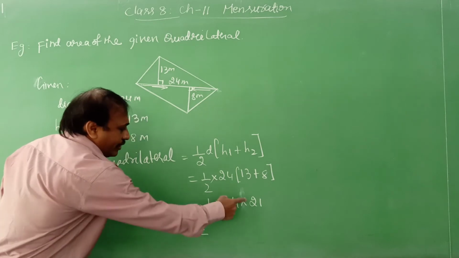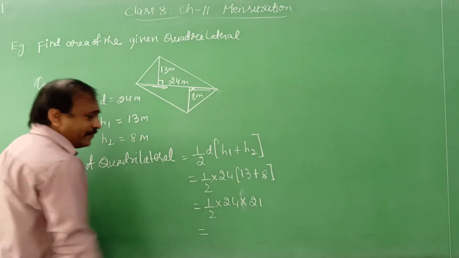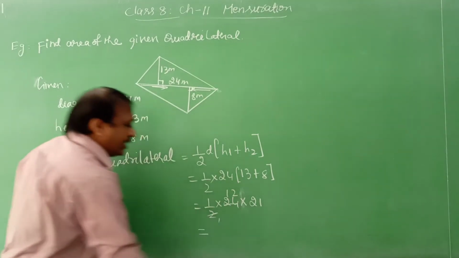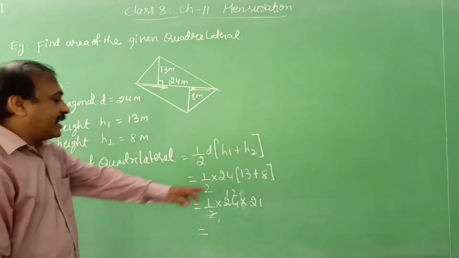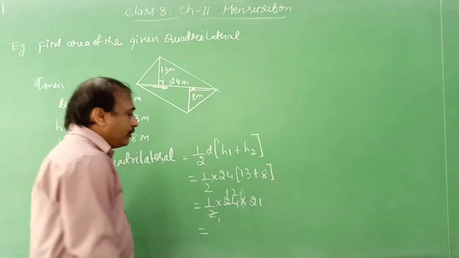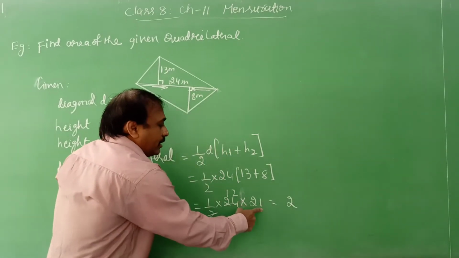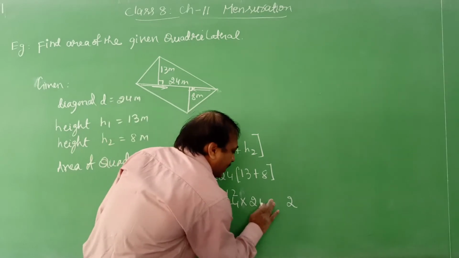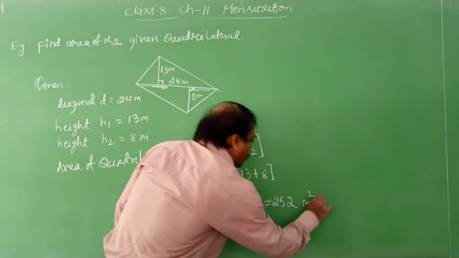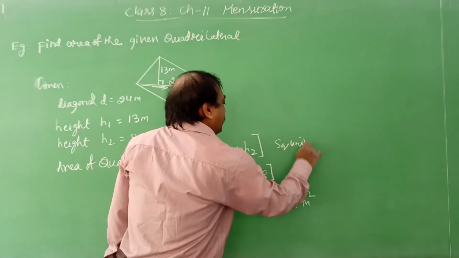Now look at this: 1 by 2 into 24 into 21. Half of 24 is 12, so 12 into 21, which is 252. So the answer is 252 meters square, because area is in square units.